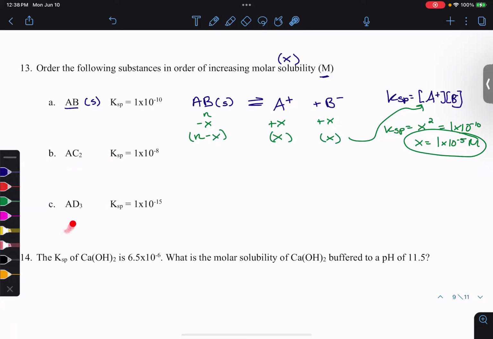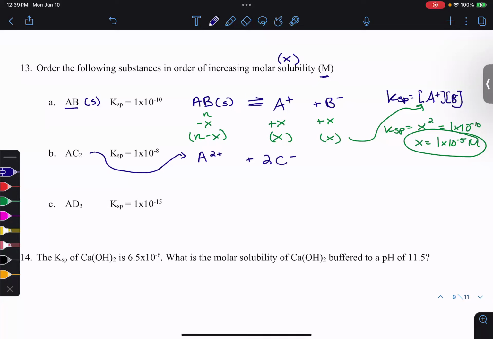So we do the same things with these other ones, except notice that the stoichiometry is going to be a little bit different. So notice that Ksp expressions follow a very systematic way. And then getting your Ksp in terms of molar solubility also follows a trend. So if you think about how AC2 dissolves into water, you get an A2+ cation, but you get 2 C-.